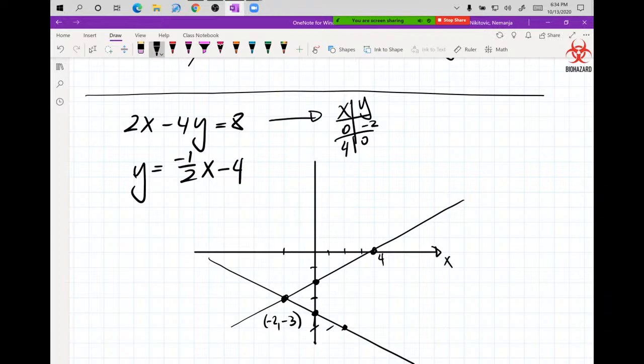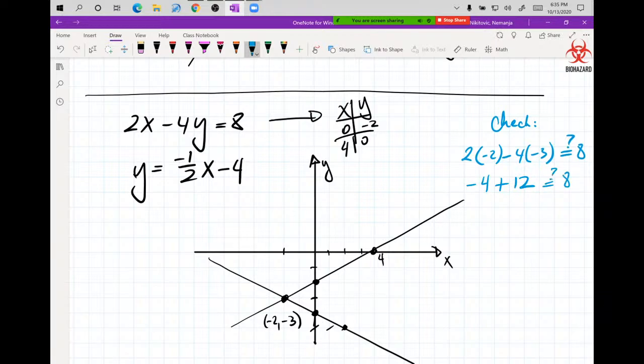I can quickly check if that makes sense by plugging in -2, -3 in each of the equations. So 2 times -2 minus 4 times -3 should be 8. That's -4 plus 12, because -4 times -3 is positive 12. And yeah, 12 minus 4 is 8. 8 equals 8. Yay!